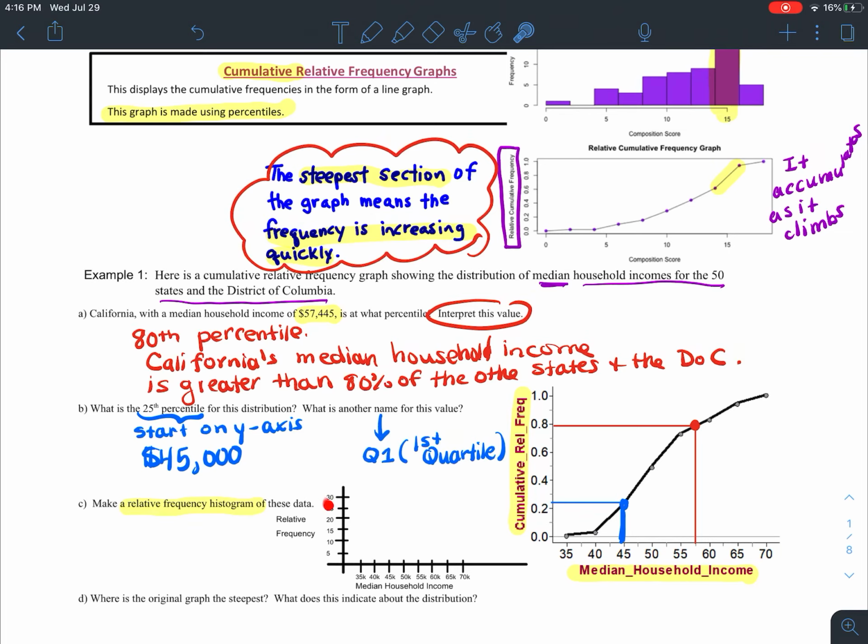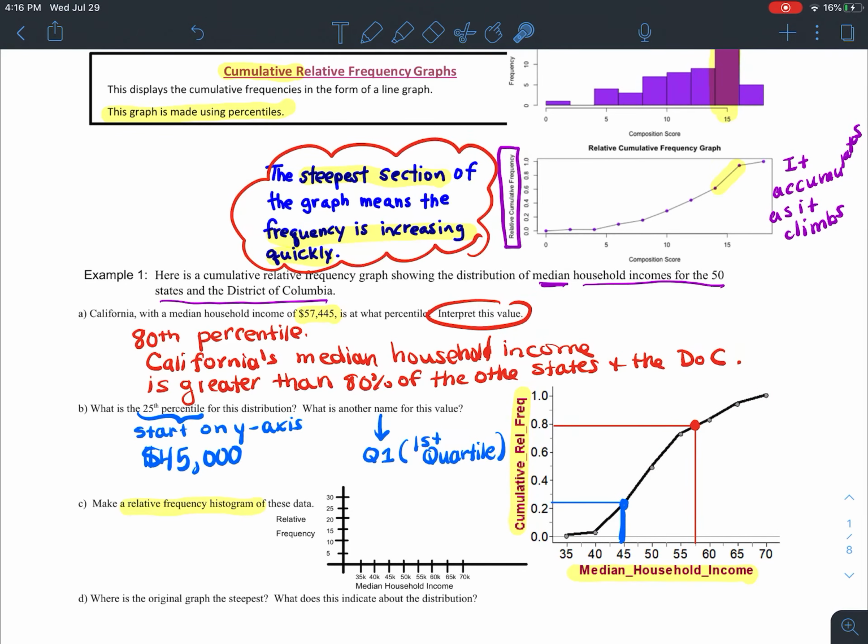You might be wondering, why am I only going up to 30% when over here this is going up to 100%? Keep in mind this one is accumulating as you go. By the time I get over here to this very last state that roughly has a median income of 70,000, it's higher than almost 100% of everything else.